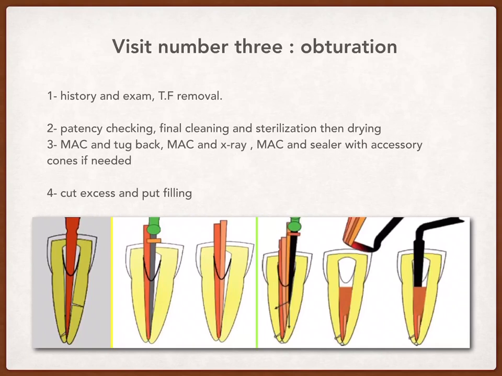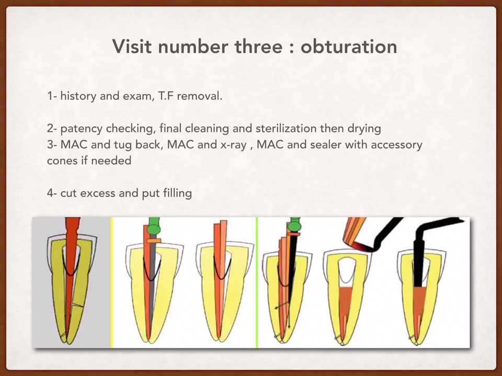And then we will do the final cleaning and sterilization of the root canal system by irrigation with sodium hypochlorite, and then EDTA, and then normal saline solution, and then drying the root canal system.